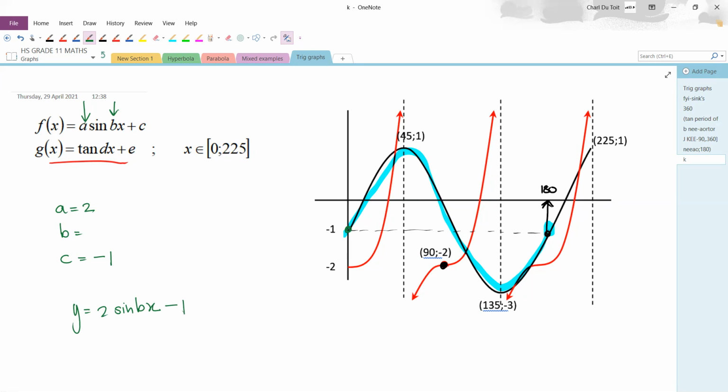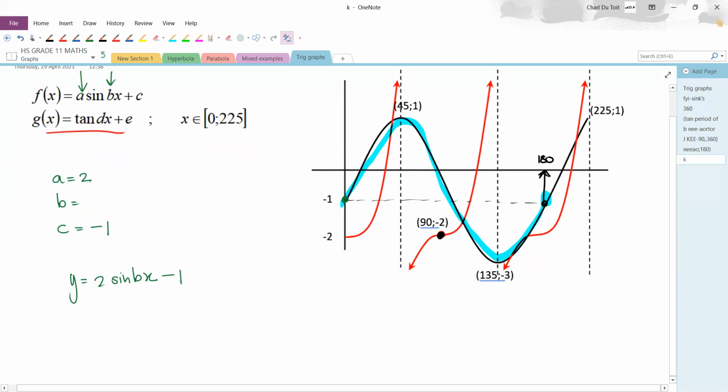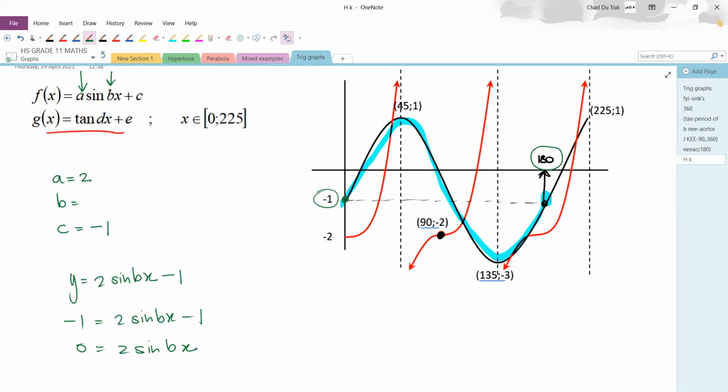Okay, so now I have to get a value. Let's look at that coordinate there. The y value is -1. So -1 equals 2 sin bx minus 1. Yes, sir. So maybe I can find bx. 0 is 2 sin bx. Okay. So sin of what is 0?